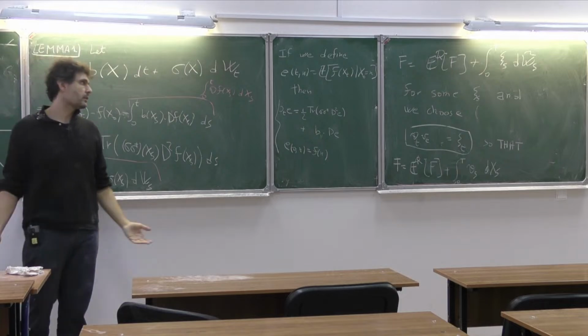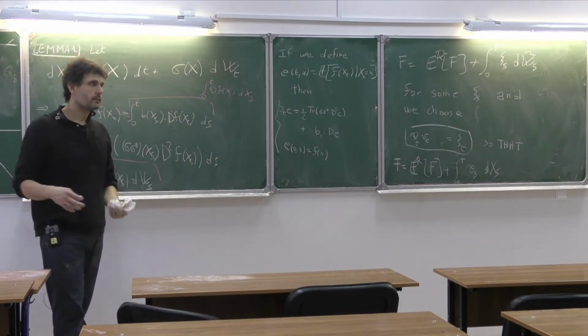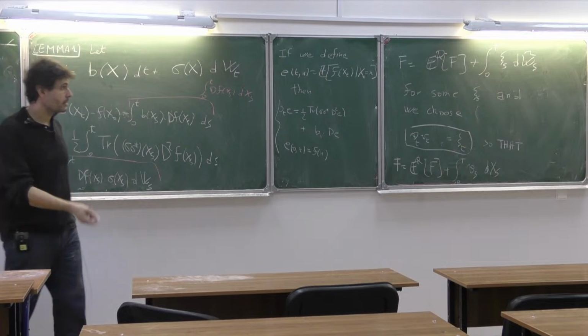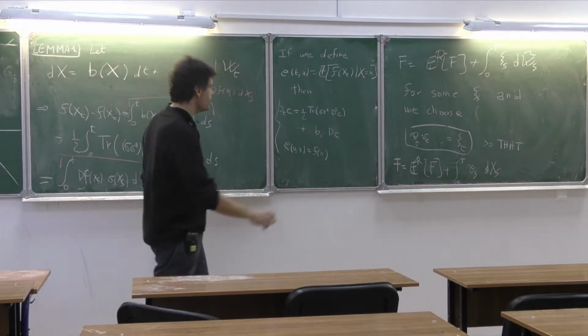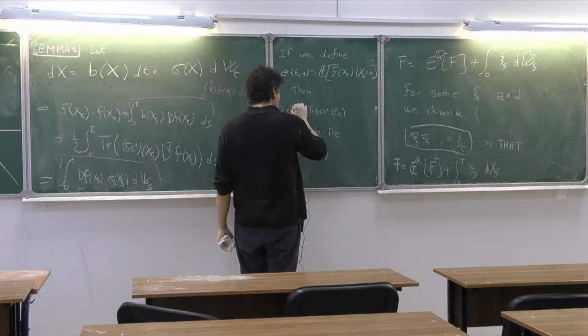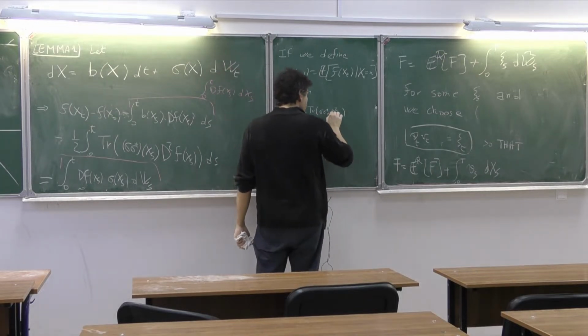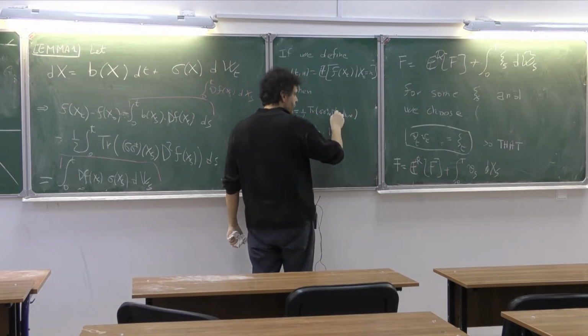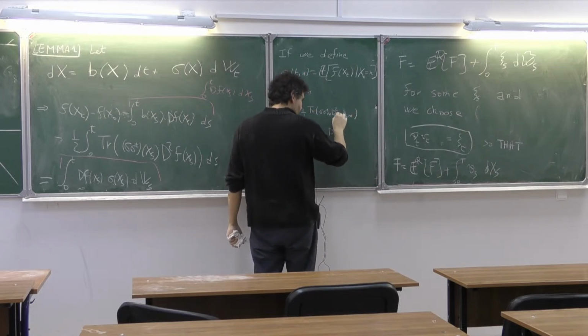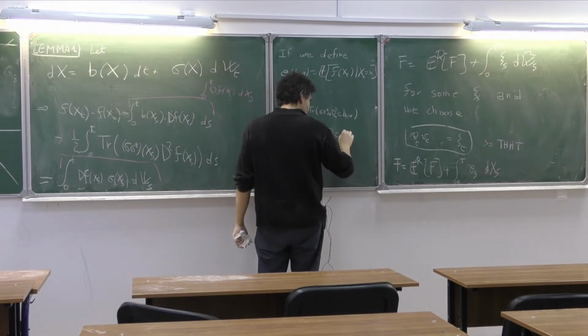Indeed, you know the heat equation, right? The Green function is the Gaussian kernel. These are functions of t and x, if you want to write everything. This is the action in x, this is the differential in x.